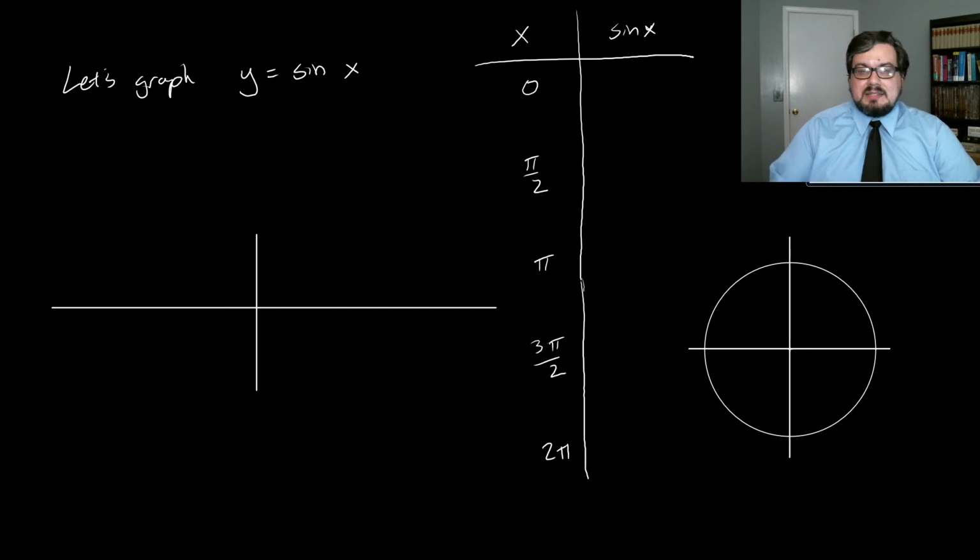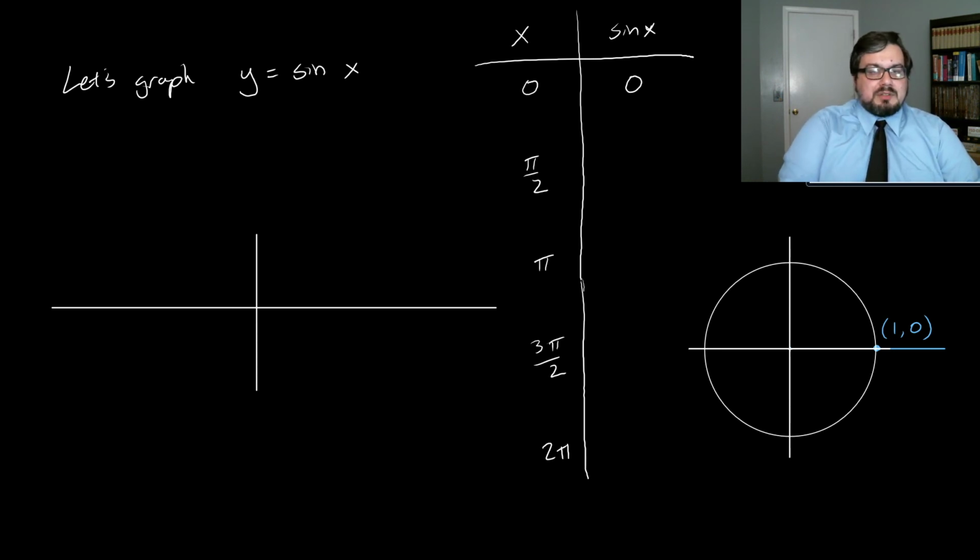So let's look at what we have here. When x is 0, that means that we're plugging an angle of 0 into sine. Well, that corresponds to an angle that just points towards the positive x-axis. And that point has coordinates 1, 0. So in particular, this means that sine of 0 is 0 because sine corresponds to the y-coordinate here.